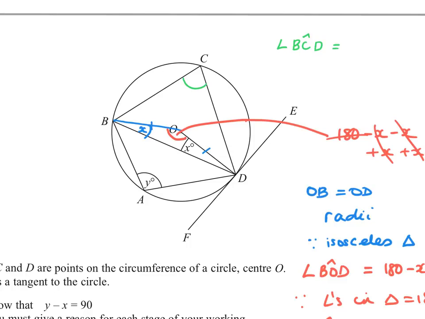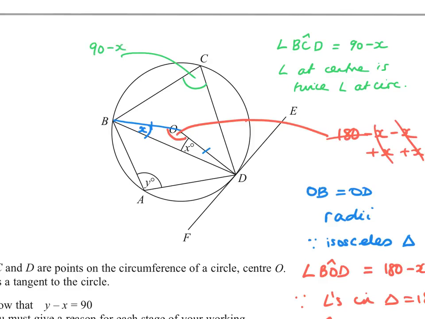So angle BCD should be half of angle BOD, so it should be 90 minus x. And we can say angle at centre is twice angle at circumference. And so we've got this one here, which is 90 minus x.